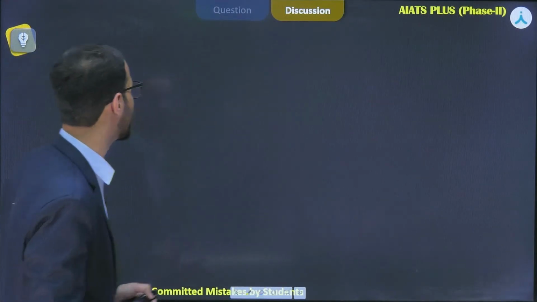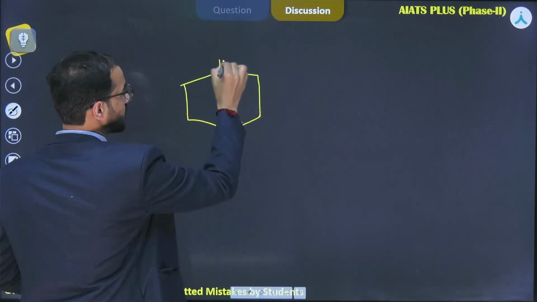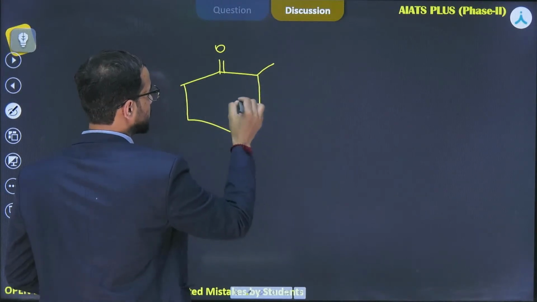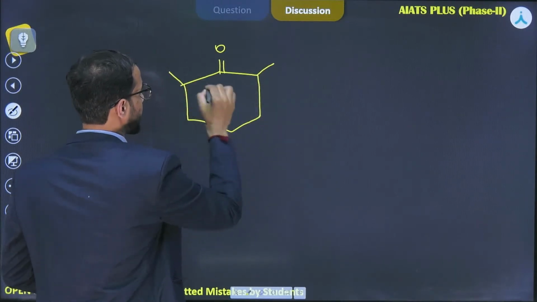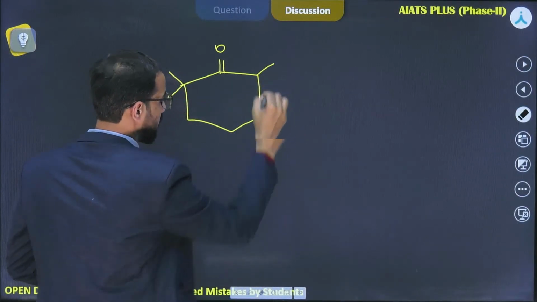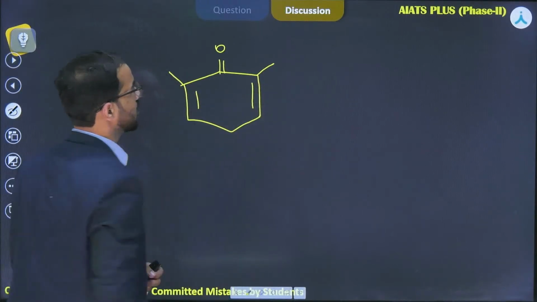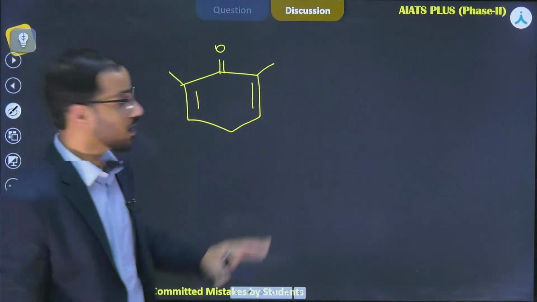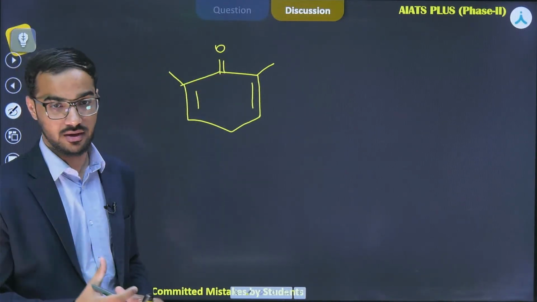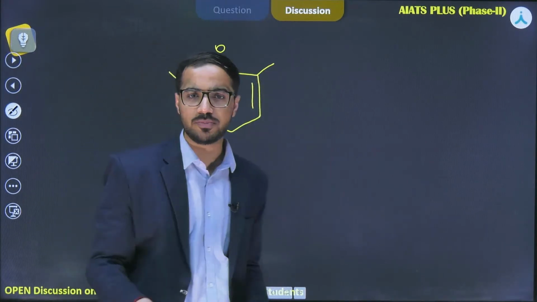Let us take an example over here. You have a keto form, but at the alpha position there is no hydrogen present.